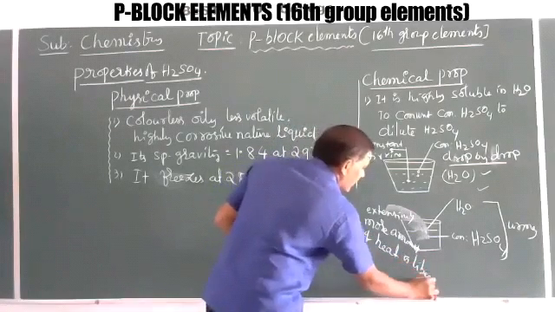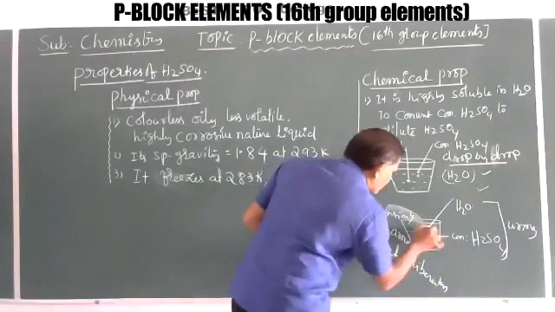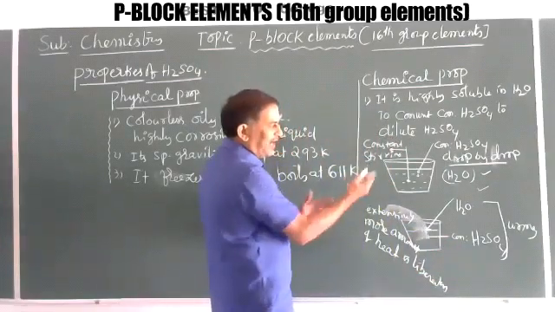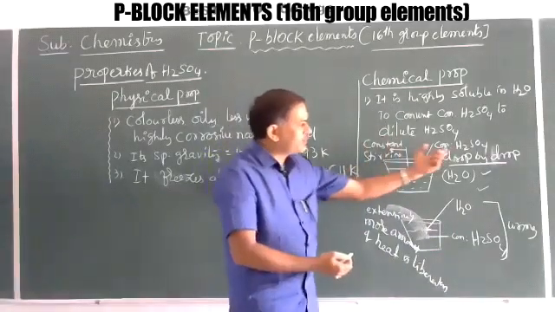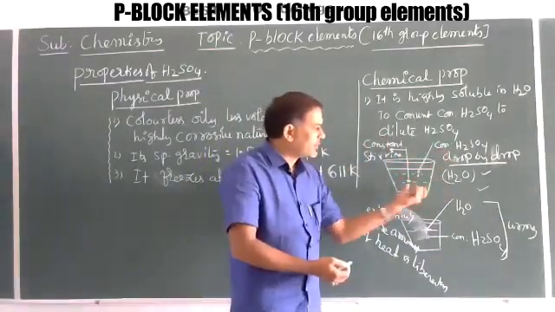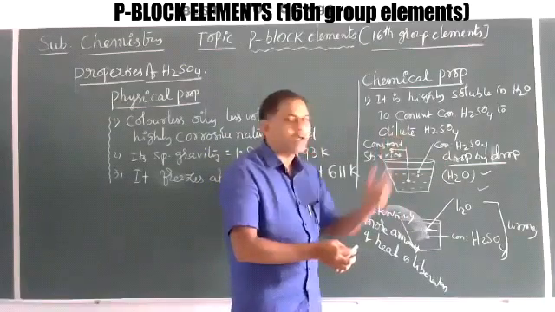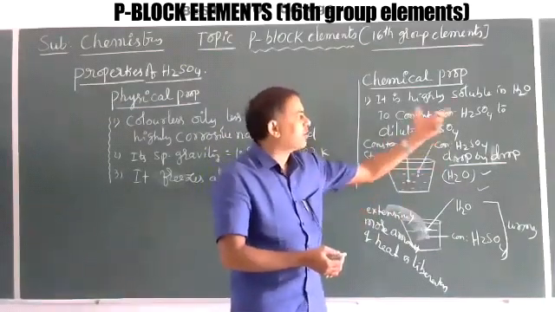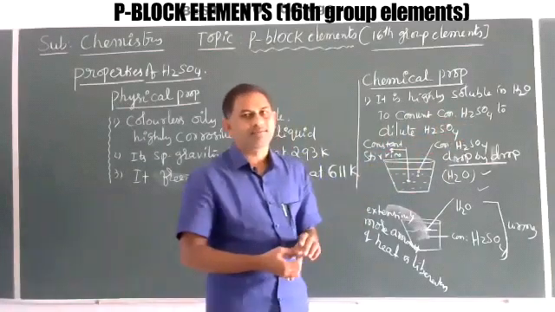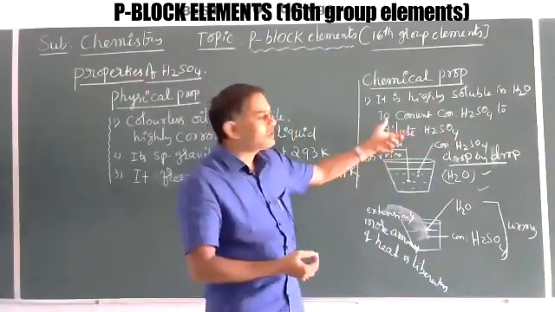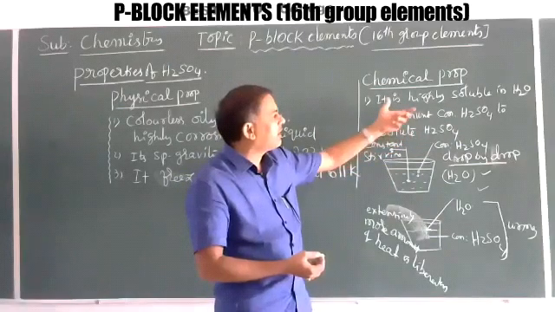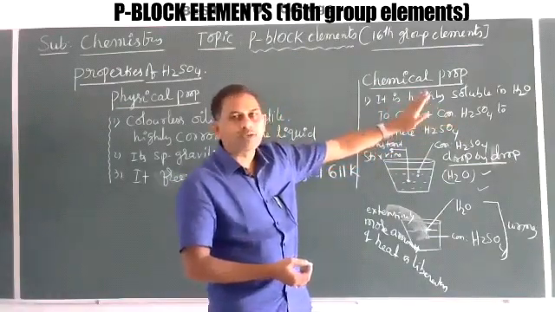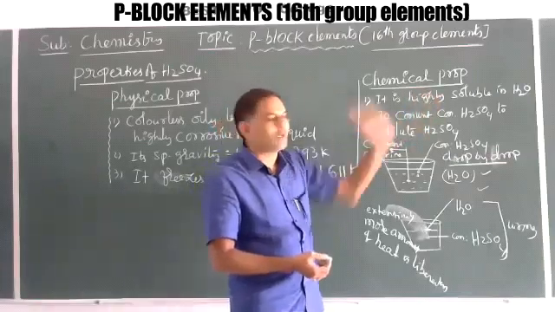That's why don't add water to the concentrated H2SO4. Just add concentrated H2SO4 to a large quantity of water, drop by drop, then only we get the dilute sulfuric acid from concentrated sulfuric acid. So an extensively large amount of heat is liberated while dissolving sulfuric acid in water. That is an exothermic process, really soluble.